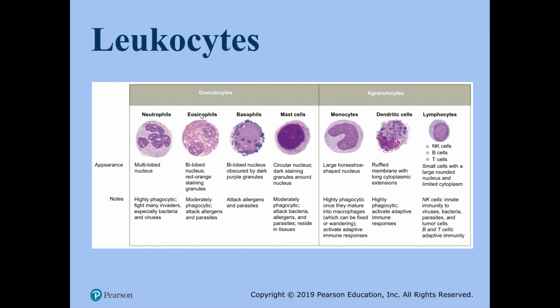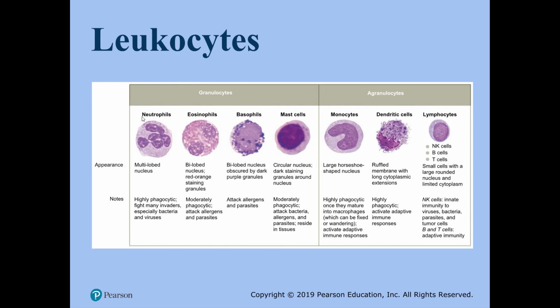Another thing we might need to know is the most common white blood cells to the least common as far as number in your body. There is one mnemonic that is never let monkeys eat bananas. That talks about the commonality of the different leukocytes.